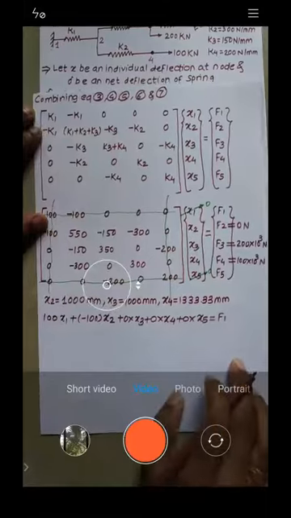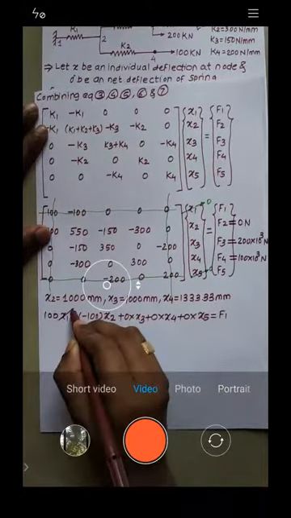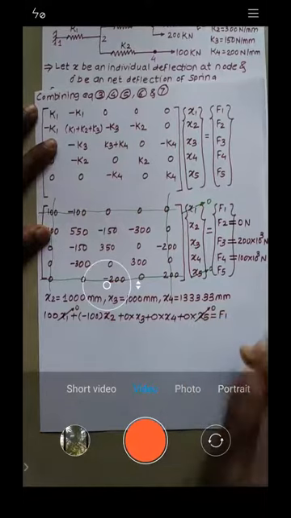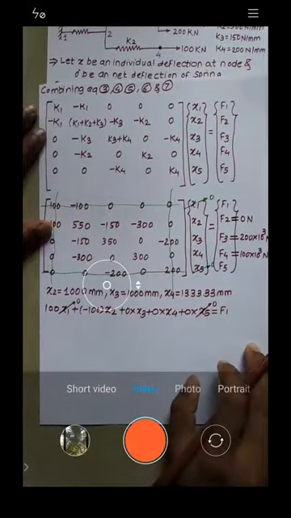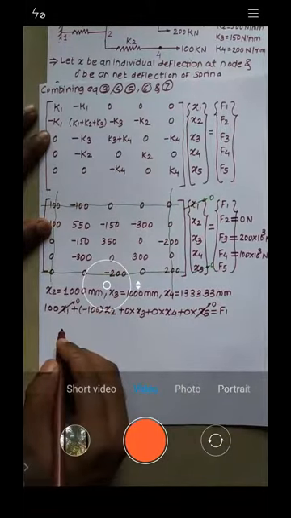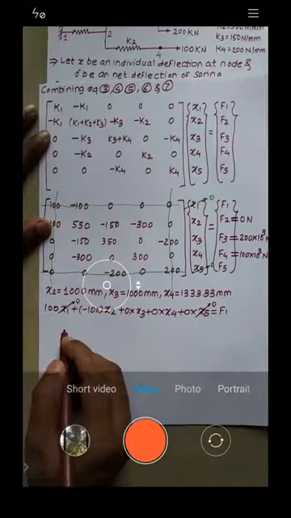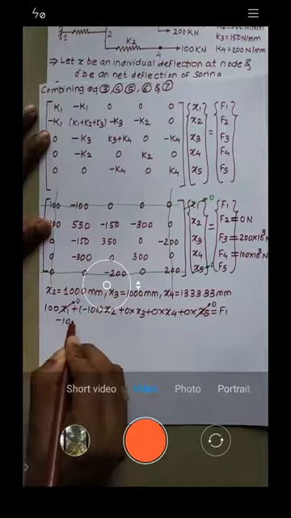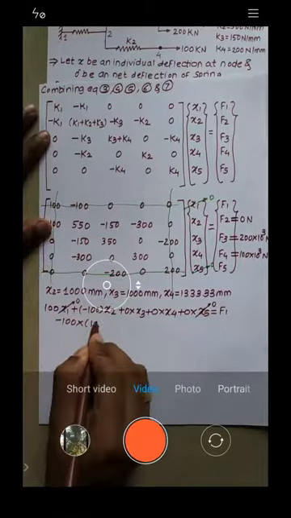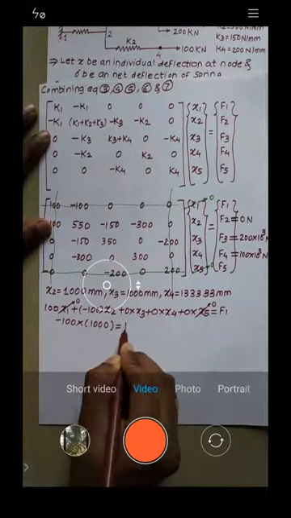X1 is already 0, and X5 is also 0. So we have only minus 100 into X2. What is X2? That is 1000. So minus 100 into 1000 is equal to F1.